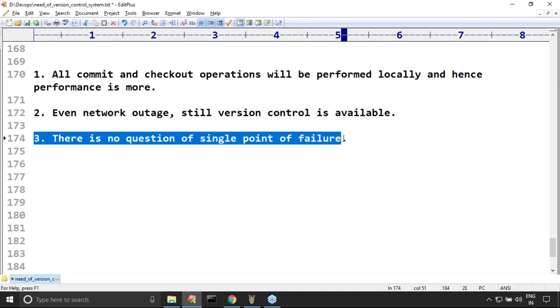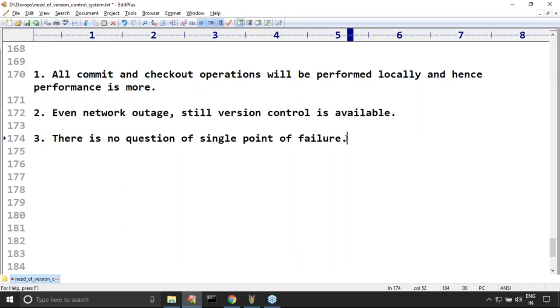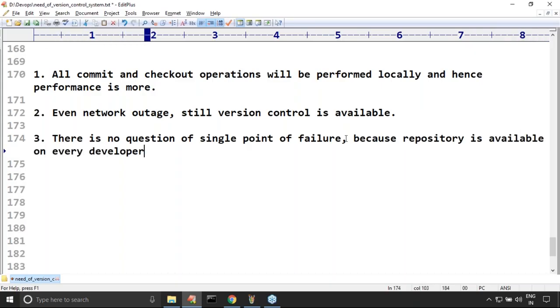There is no single point of failure because every developer has his own local repository, available on every developer's machine. Clear, right? If you feel comfortable, next there is one small issue.